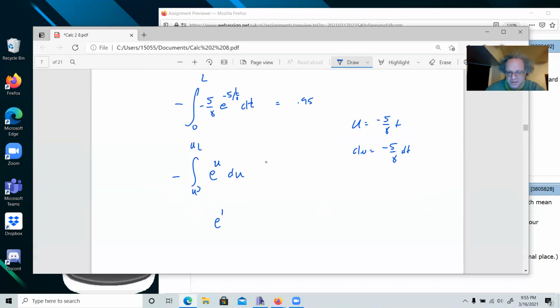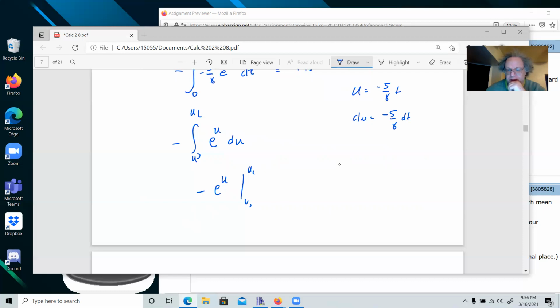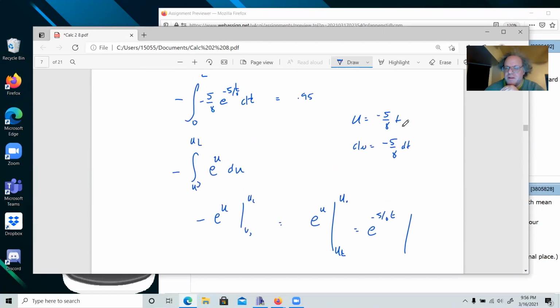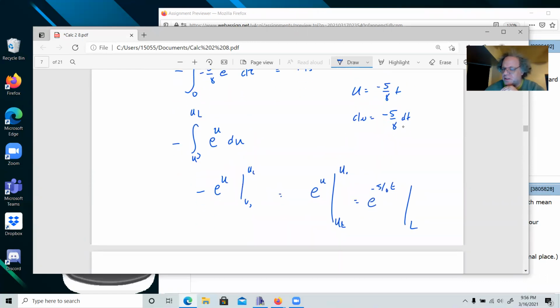So we have e to the u, negative, from u sub 0 to u sub L. I will deal with my negative sign and let this be e to the u, with u sub 0 and u sub L. Okay, let's go back to t space. So this is equal to e to the negative 5/8 t. And then I didn't know what L was, right? That was one of the unknowns.